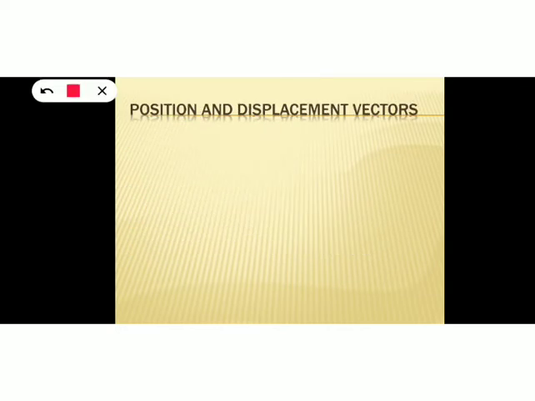Next, let's discuss position and displacement vectors. Before that, we must know how we can represent vectors. A vector is always represented by a symbol with an arrow mark on the top. And this arrow mark specifies the direction of the vector. In some books, vector quantities are represented by bold letters like this.